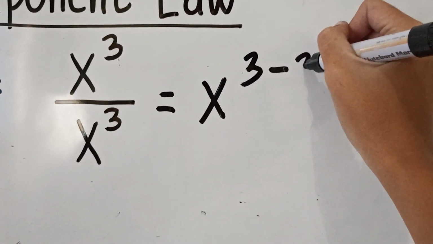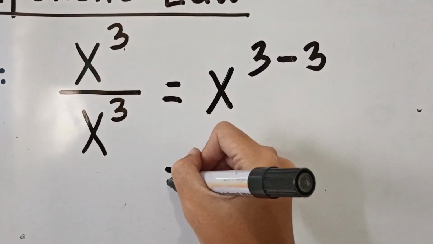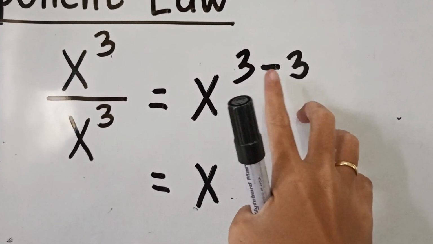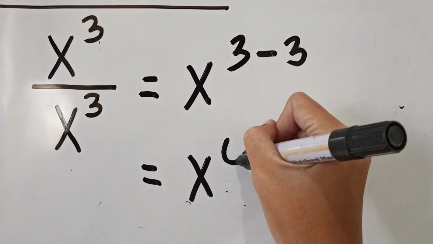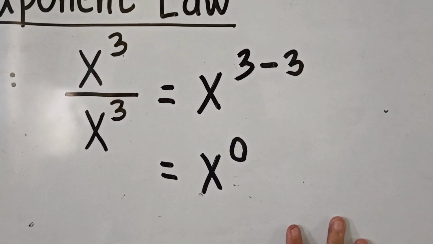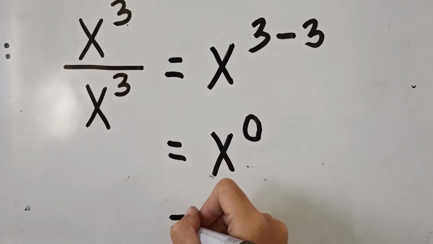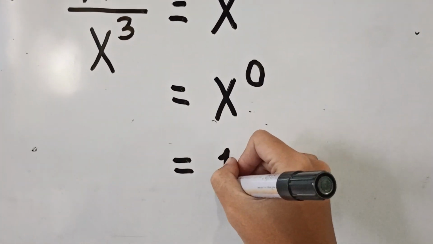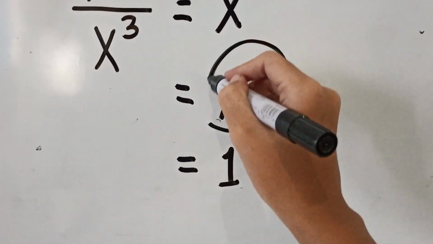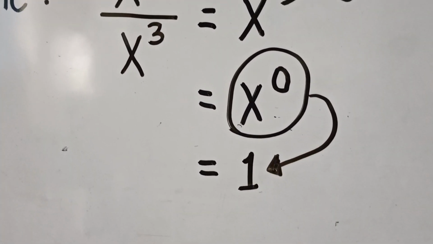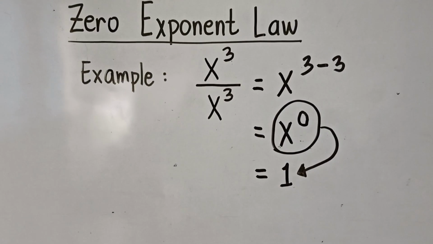Alright, so we're gonna copy again the variable x, and 3 minus 3, we're gonna have 0. So the answer that we have here is x raised to the power of 0. However, if this is the case, then this term is equivalent to 1. Alright, so that's how we do the zero exponent law.